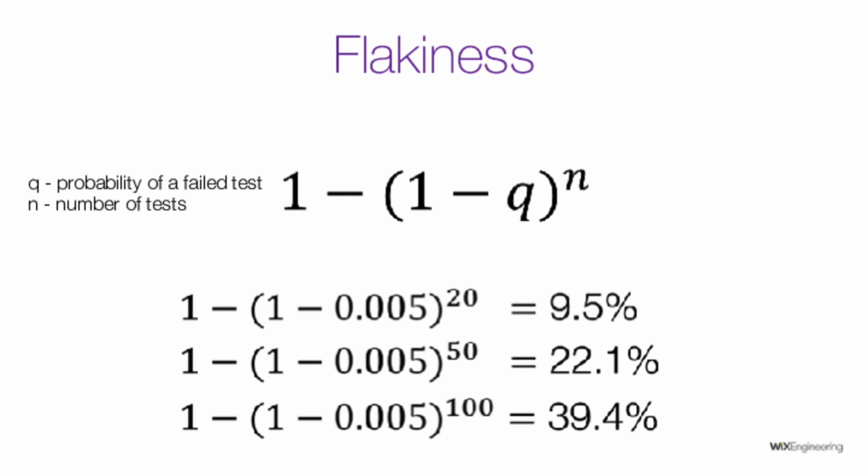How unreliable is a flaky test suite, actually? So let's calculate the probability of a test suite to fail. 1 minus q is the probability of a single test to succeed. (1 minus q) to the nth power is the probability of the entire suite to succeed. And 1 minus all that is the probability of at least one test to fail.